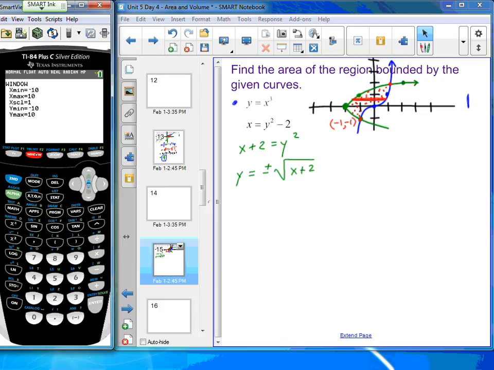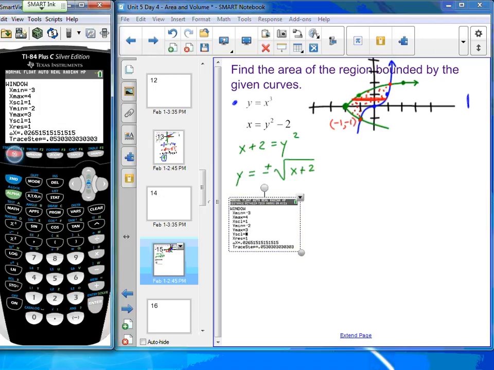And my window, I'm going to go -3 to 4, and I'm going to go -2 to 3. All right. So I might not like that window, but we'll see anyhow.